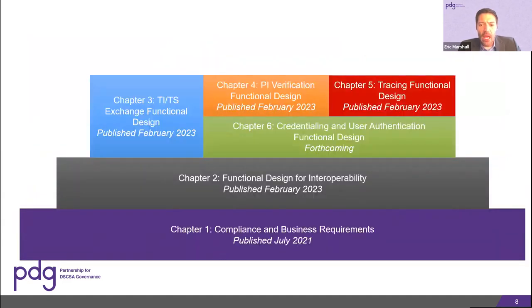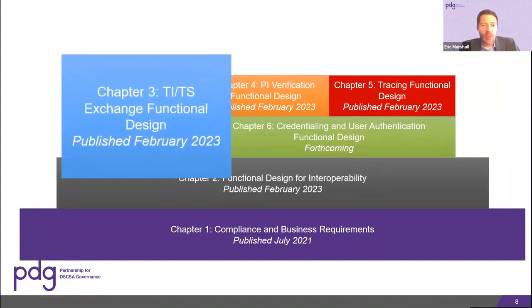Next slide, please. As I mentioned, we'll be focusing today on Chapter 3, but that is one piece of this blueprint framework. Chapter 1 of our blueprint really sets out the compliance and business requirements, kind of the what requirements, as we affectionately call them. Chapter 2, we discussed on last week's webinar, and that's available by recording for anyone who wasn't able to watch it, but really cast the overarching vision for interoperability and the functional requirements that come in the following chapters, kind of the how you achieve interoperability.